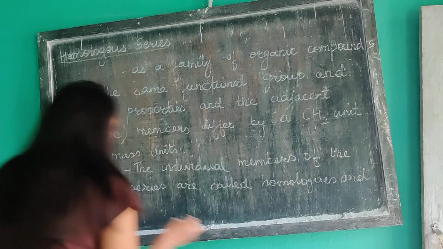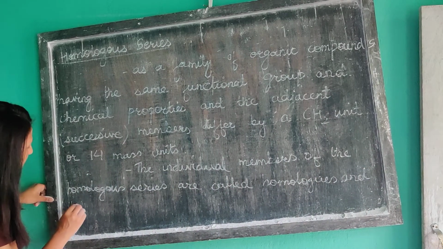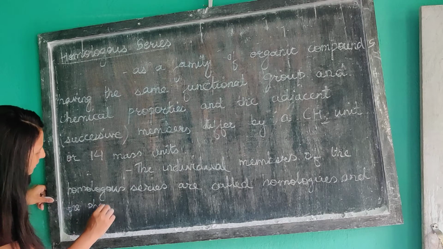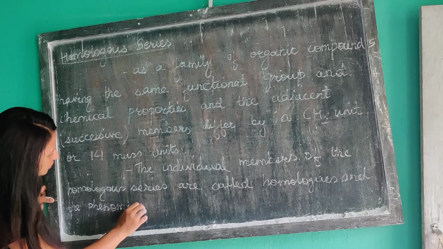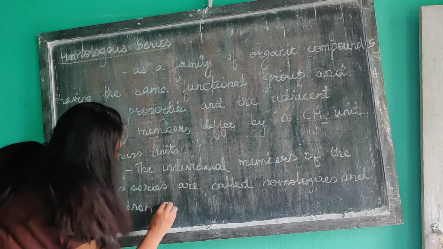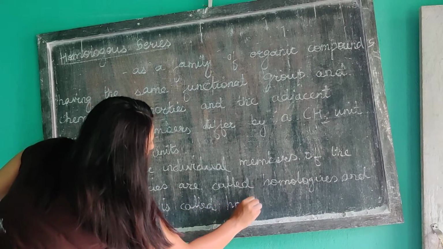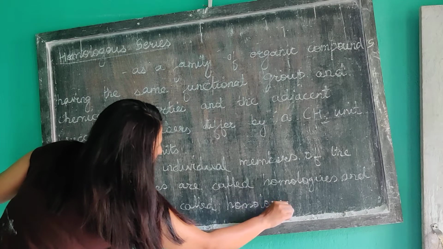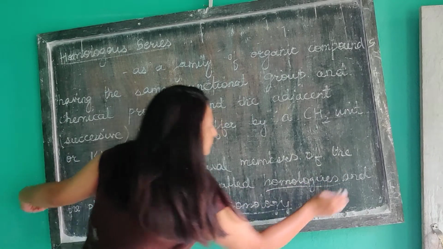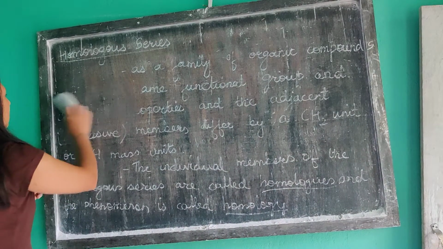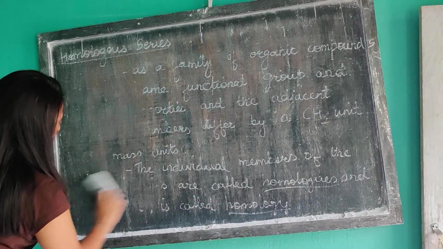The phenomenon of arranging these carbon compounds according to their molecular masses is called homology. Let us study the characteristics of the homologous series.